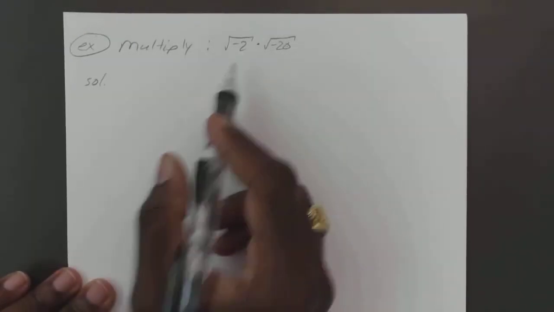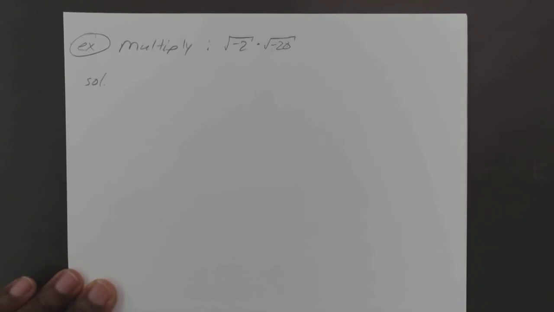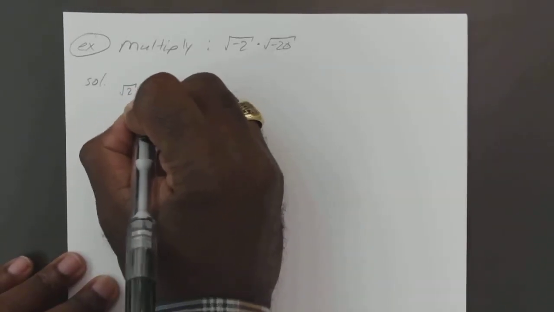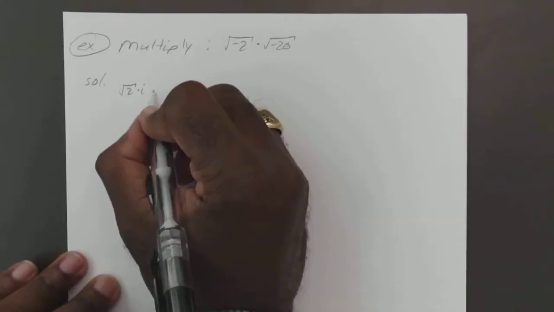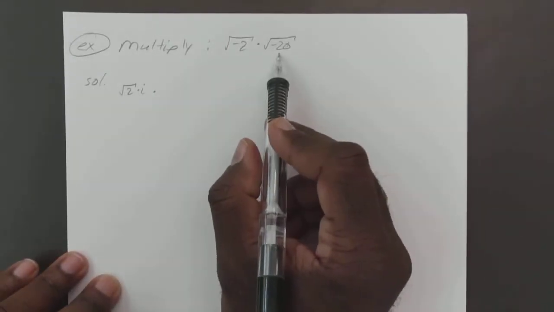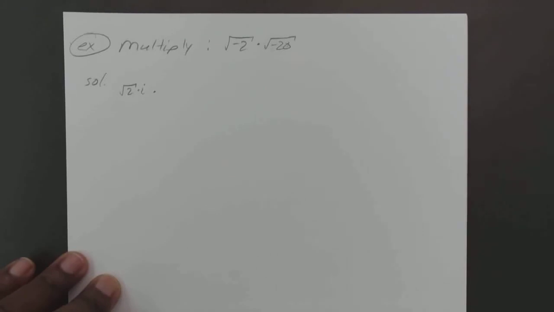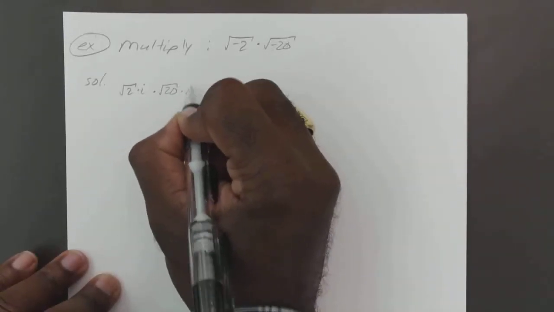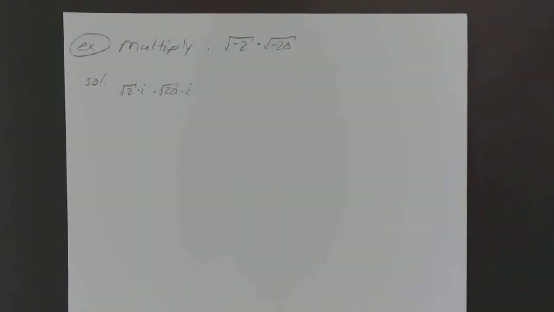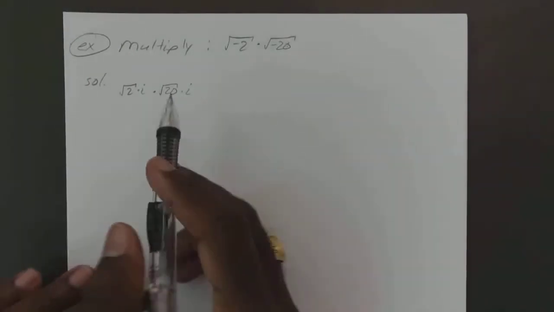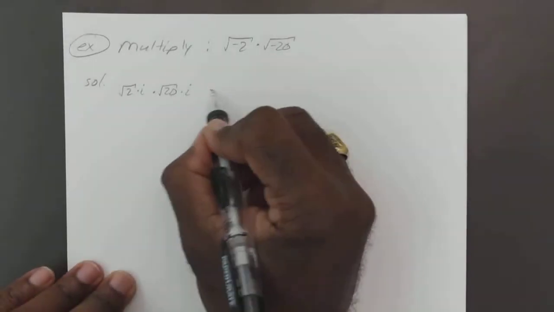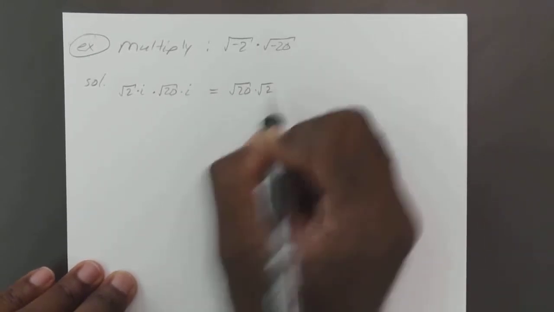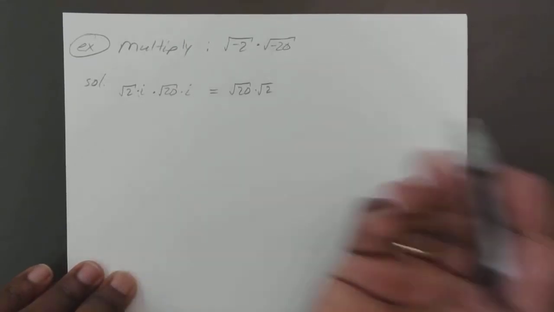Okay, so square root of -2, we can make that square root of 2 times i, times square root of -20, we can make that square root of 20 times i. Okay, so that gives us square root of 20 times square root of 2 times i times i.